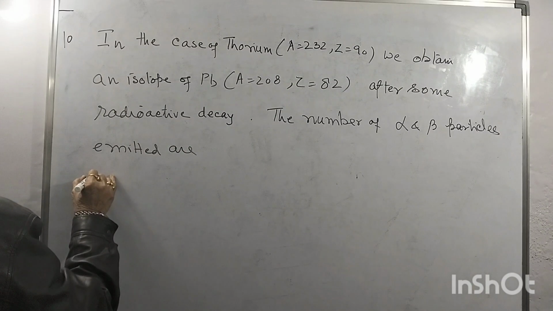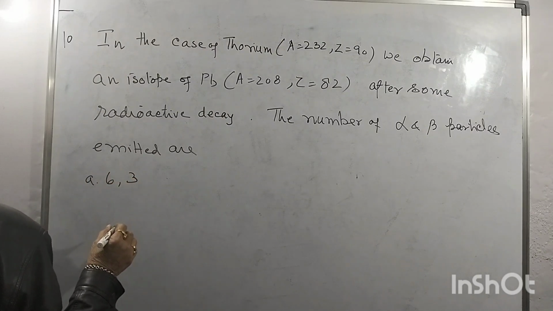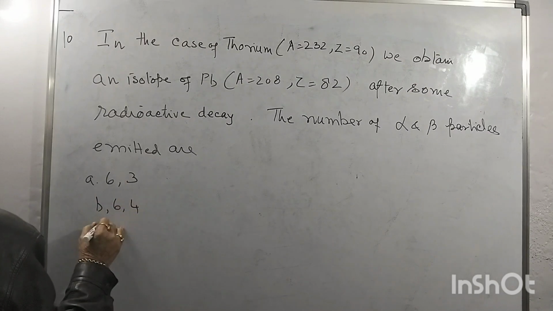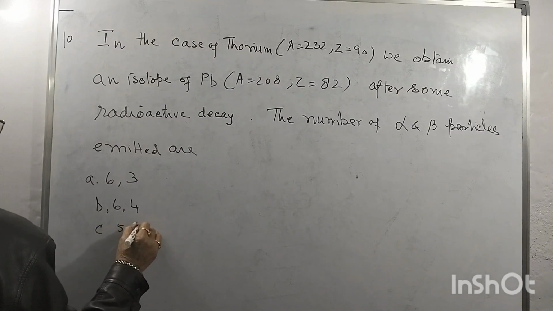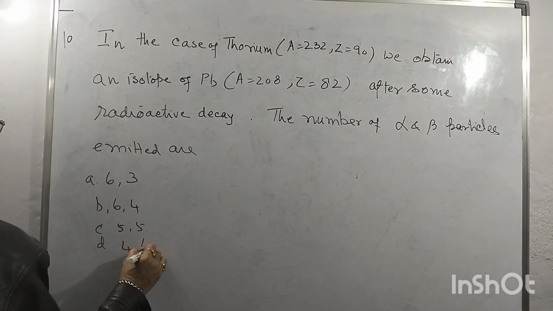A is 6 and 3, B is 6 and 4, C is 5 and 5, D is 4 and 6.